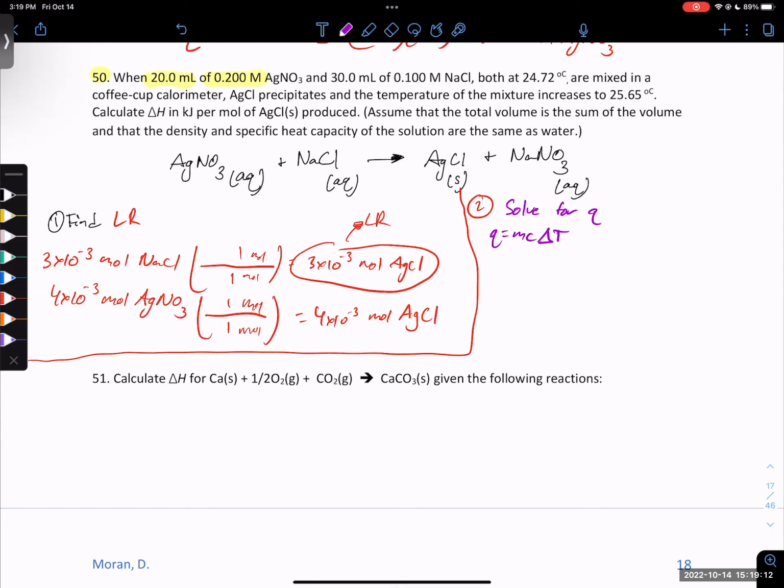We could take Q and turn it into delta H. I mean, we can't really do that. Delta H is Q over n, so Q is not equal. And M is just our molar mass, so we can divide both sides by moles, and instead of plugging in our mass, we just plug in our molar mass, and that'll solve for delta H. But it's moles of product.